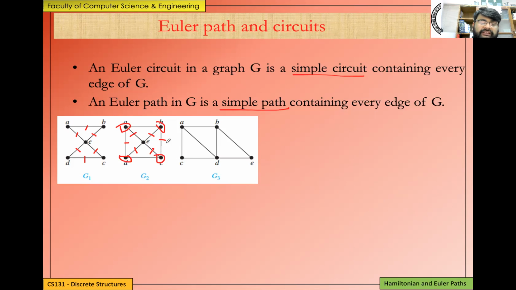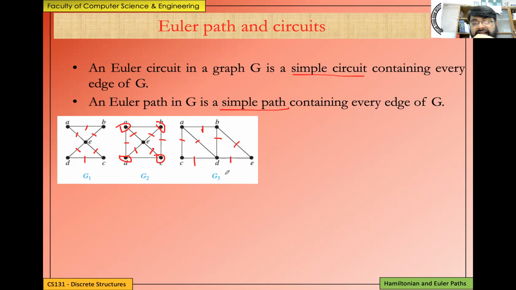So let's start with the next example, which is G3. In G3, again, you'll notice that we can start at, let's say, A. So let's take this path: A to C, C to D, D to A, and A to B, B to D, D to E, and E to B again.